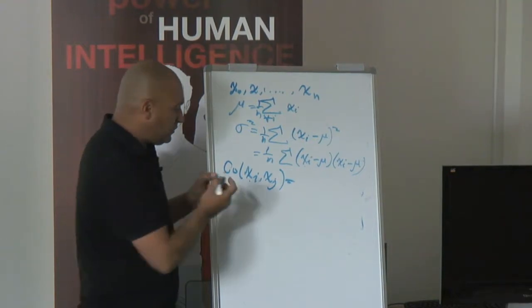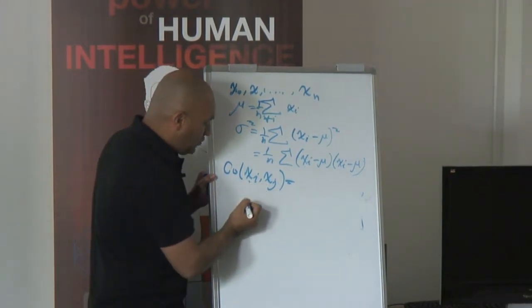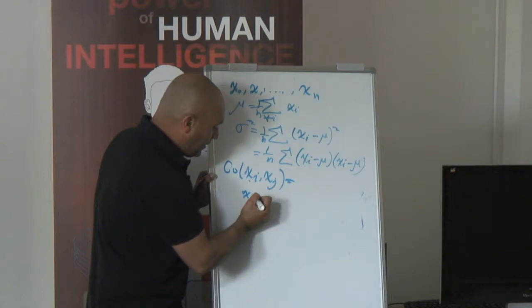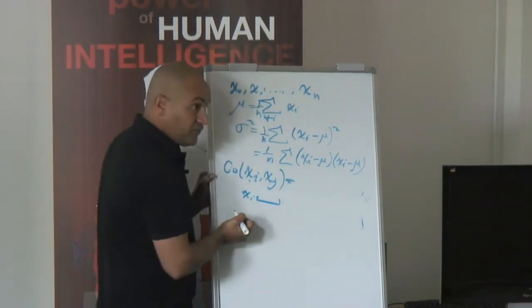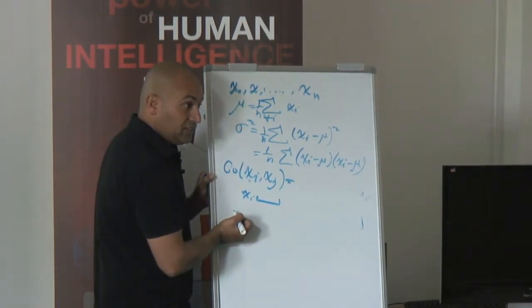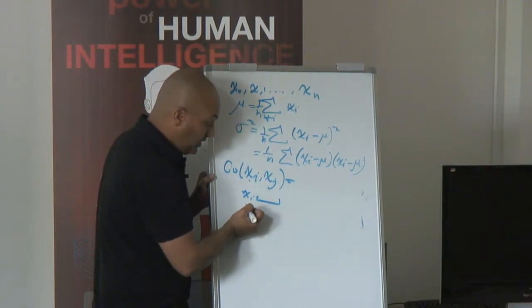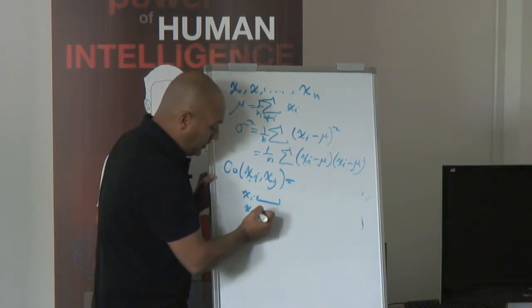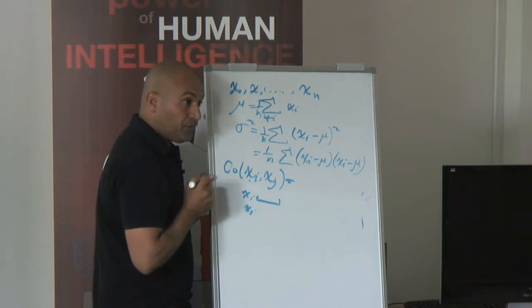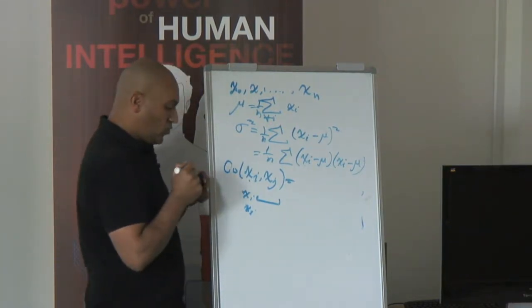This is what we call the covariance matrix. We get the covariance between xi versus all the others, which gives us one value, and then xj and xk and so on.